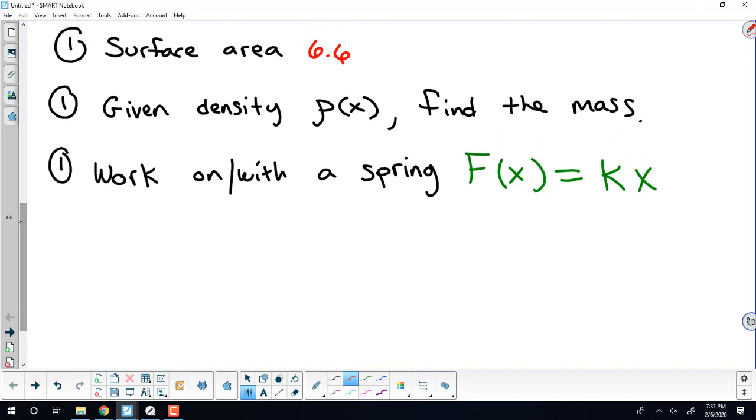Work on a spring, there's going to be one work problem that involves lifting or pumping water. One question for that one.